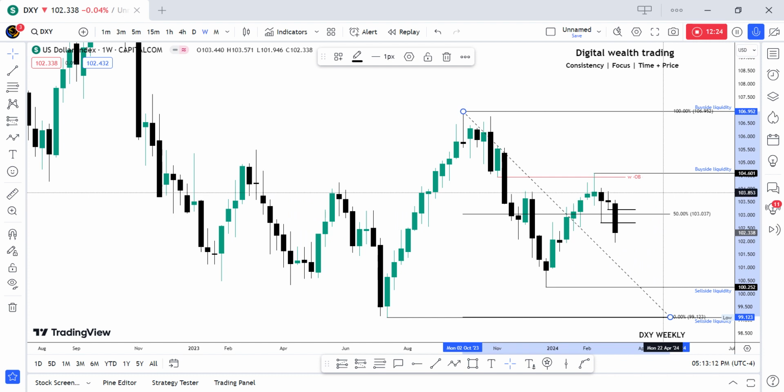That does not mean you cannot sell when we get here or here, but the risk you will incur selling at this price or this price will be way higher than the risk you will incur selling at the premium area.